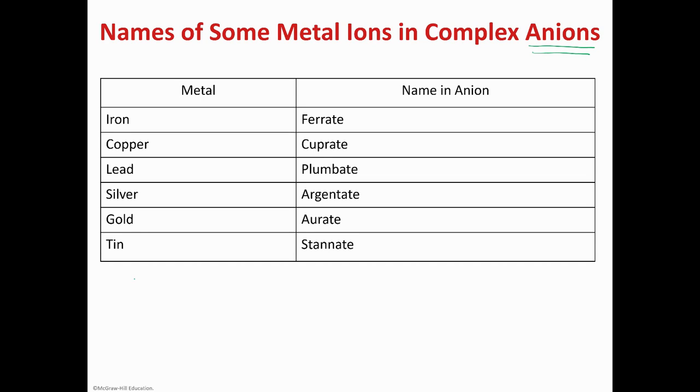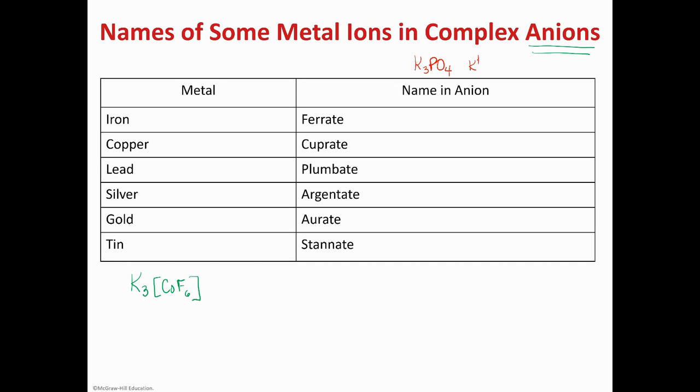So, for example, here, let's take a look at this complex ion within this coordination compound. In this case, this would be the equivalent, I'll put it over here, of something like potassium phosphate.